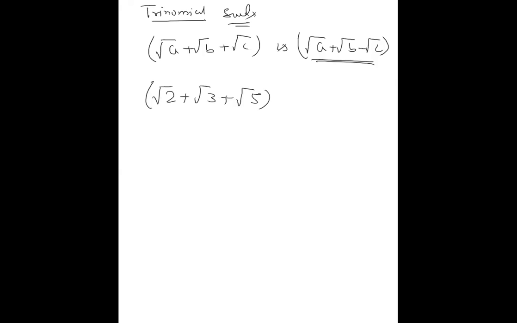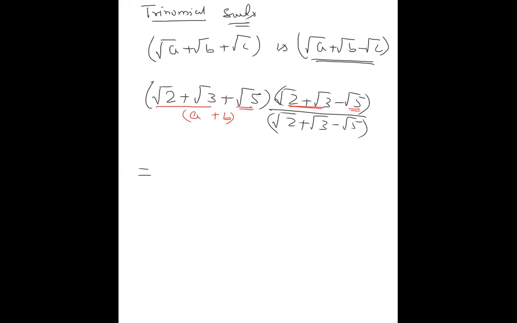So if I'll take root 2 plus root 3 minus root 5, multiply as well as divide, तो divide वाले तो जैसे हैं वैसे ही रहेंगे, right? So the rationalizing factor of this, how this will work, if I'm saying this is A, this is B, or if this is A, this is B. So this is A plus B, and this is A minus B. So A plus B into A minus B will be A square minus B square, carefully, root 2 plus root 3, the whole square minus 5.